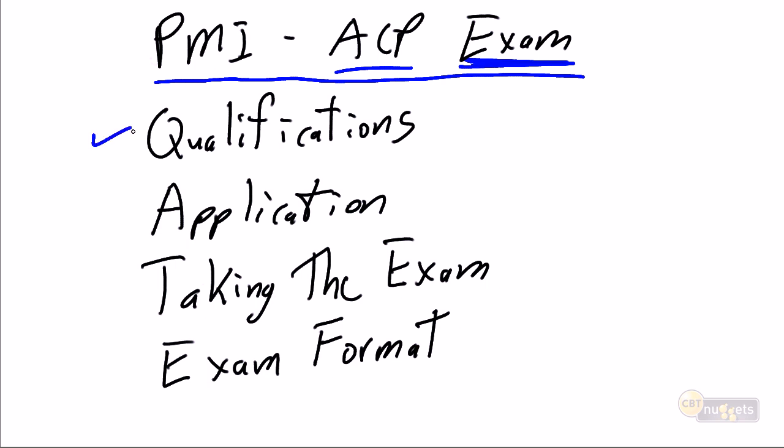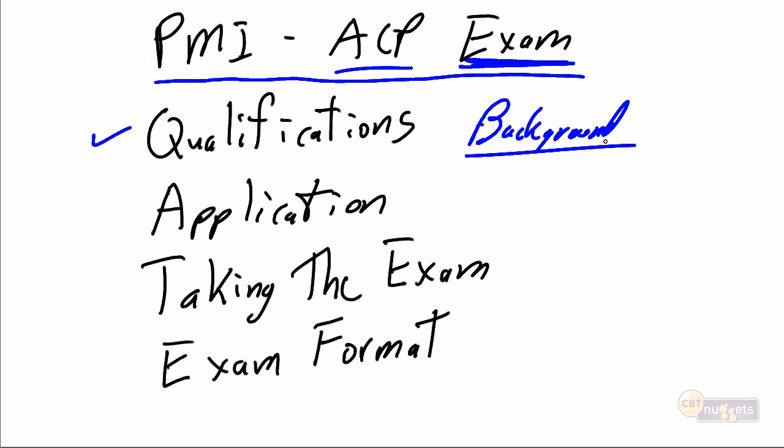Well, number one, PMI have some predefined qualifications. PMI expects that you have some background, that you have some knowledge in Agile development. Unlike the PMP, the qualifications for the ACP are, I'm going to say, relatively light.